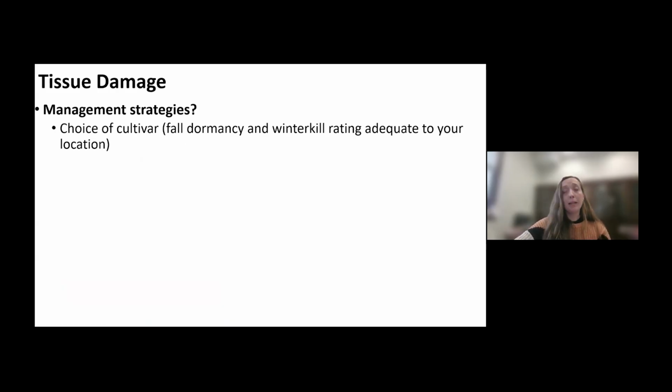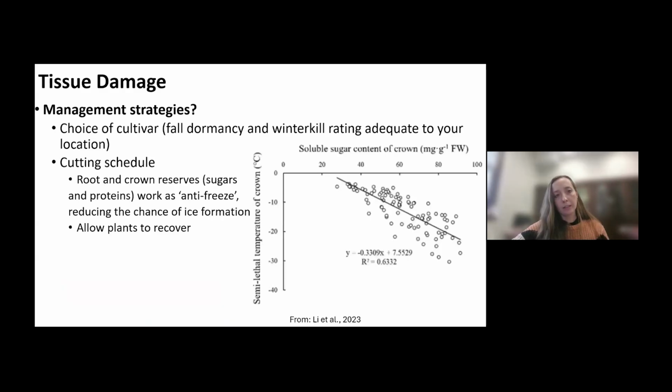In terms of management strategies, again, choice of cultivar: we want to avoid any dormancy breaking too early, so choose the right fall dormancy and winter kill rating for your location. The other important thing is that cutting schedule really helps prevent this kind of damage.